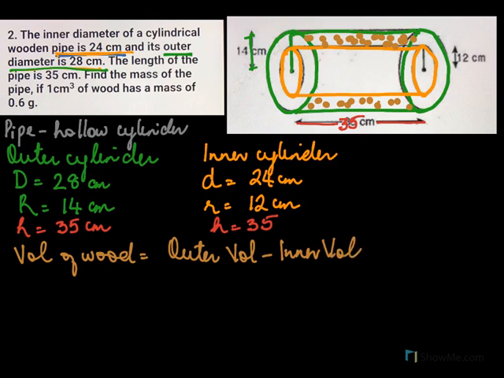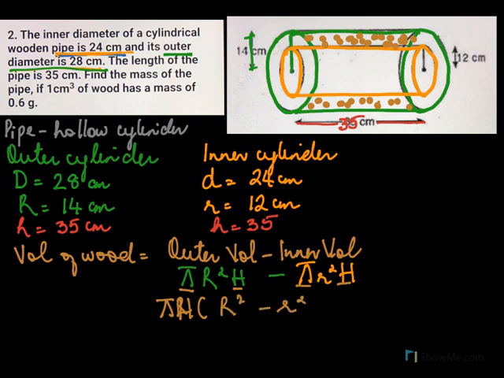The outer volume is pi r square h, that's the outer cylinder, and the inner volume is pi r square h again. The h remains the same. So here we can take pi h common. What remains here is R square minus r square.